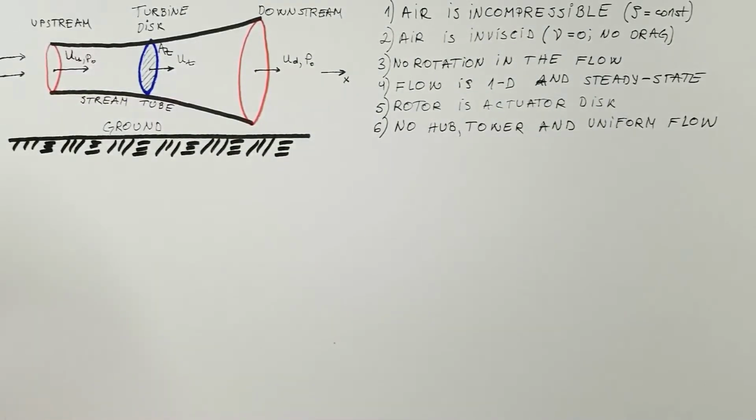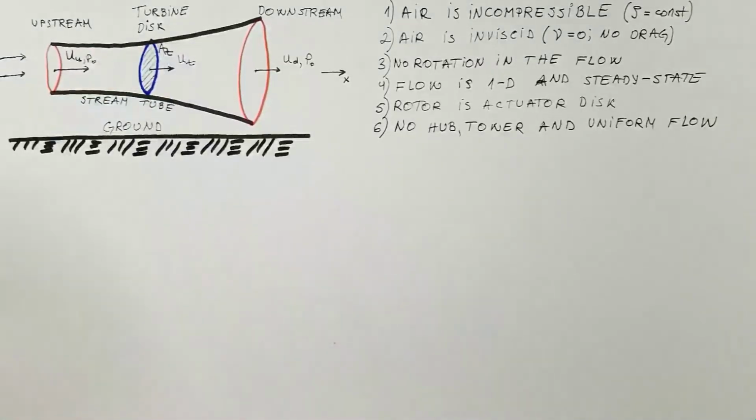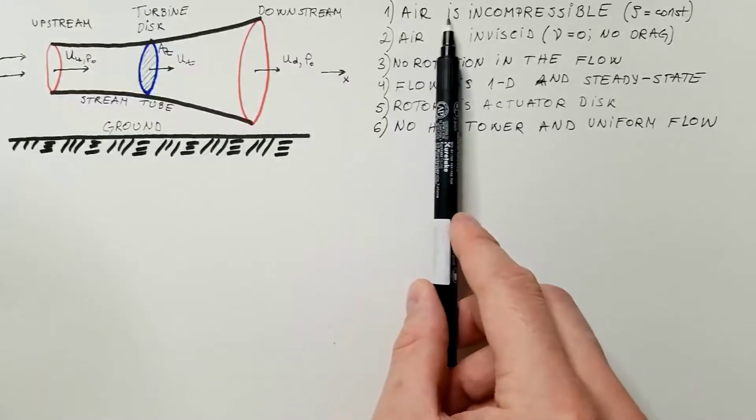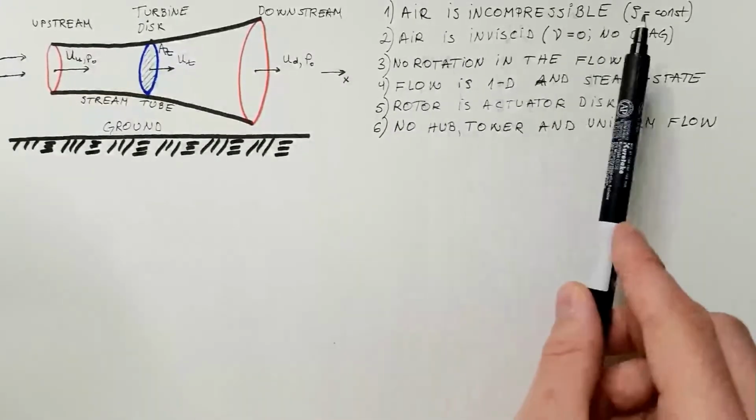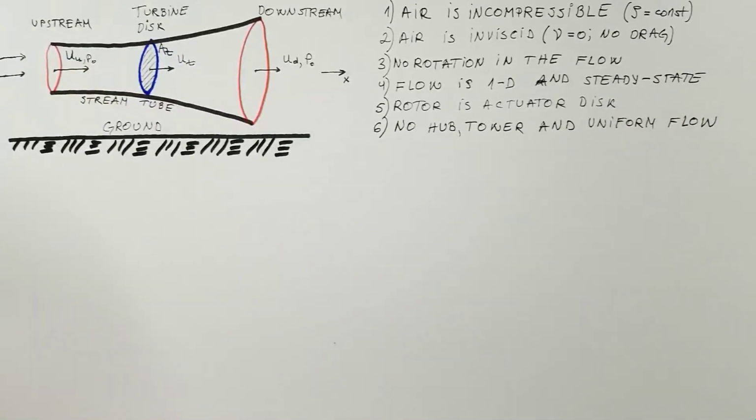To find the maximum efficiency of this turbine, we have to introduce several assumptions, and they are laid out here. First assumption is that air is an incompressible fluid, which means density is constant everywhere in this flow.